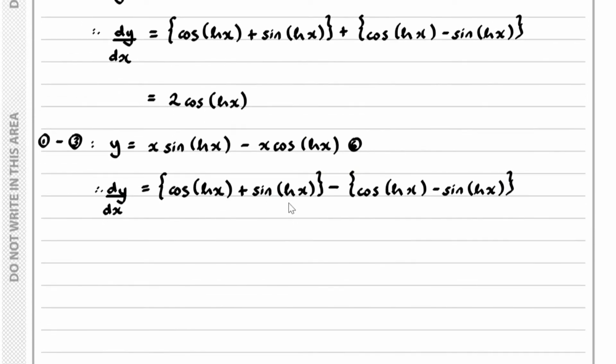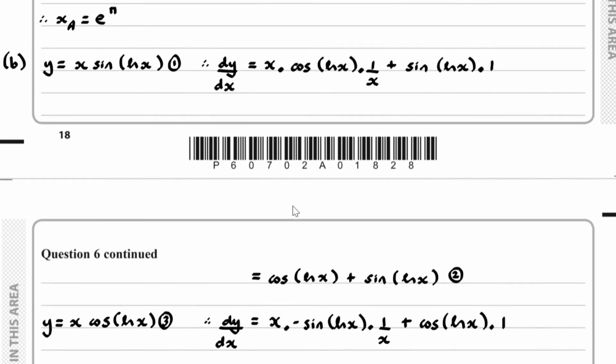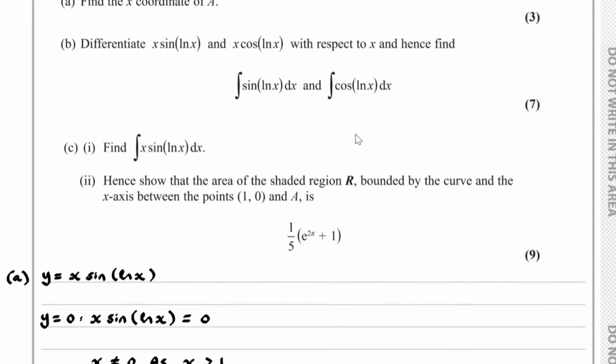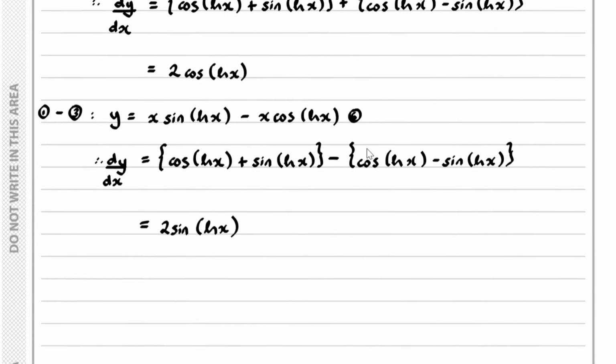So cos of the natural log of x subtract cos of the natural log of x, that's going to be 0, and then I've got sine of something minus sine minus the minus sign, so that's going to be positive 2 times the sine of the natural log of x. So what we need to do, going back to the question, is integrate sine of the natural log of x and cos of the natural log of x.